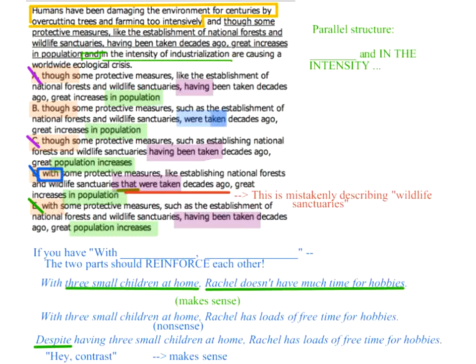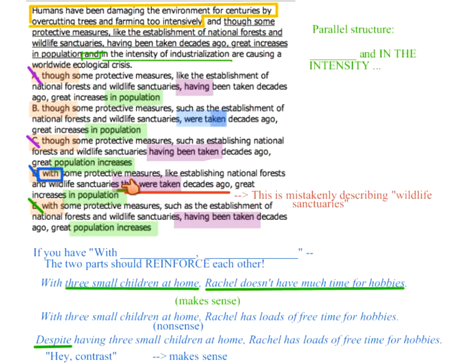In B, you've got protective measures, comma, modifier, comma, so there's your subject, there's your verb: although some protective measures were taken decades ago. But here, "establishing this and wildlife sanctuaries that were taken" is clearly pointing to wildlife sanctuaries, and that doesn't make sense.